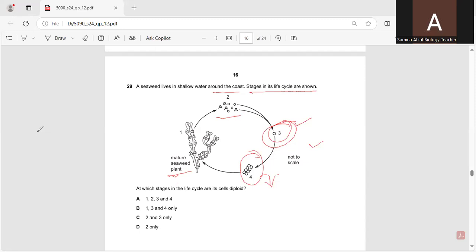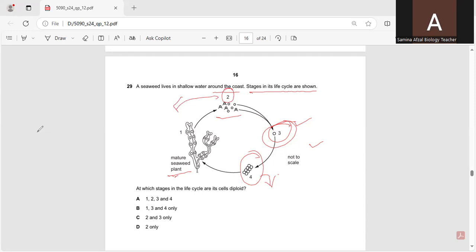At which stage in the life cycle are the cells diploid?